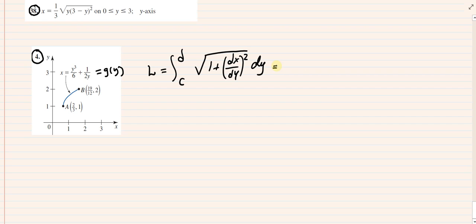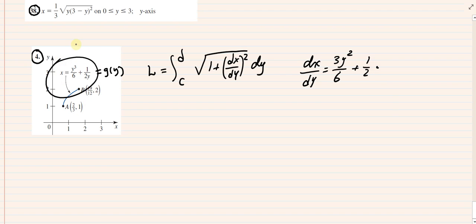Let's see. I need to find the derivative in order to complete the integrand. So let's begin by taking the derivative dx/dy, which is fairly straightforward. The derivative of y cubed over 6 is 3y squared over 6, plus the derivative of 1/2 y. Remember, I'm looking at this equation.